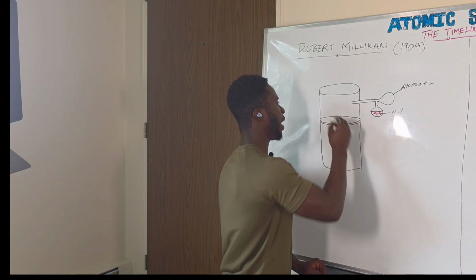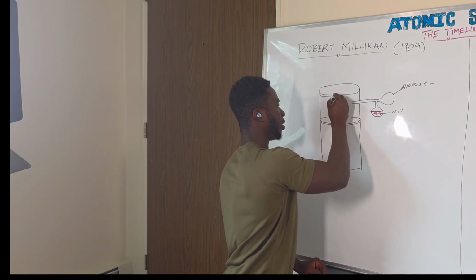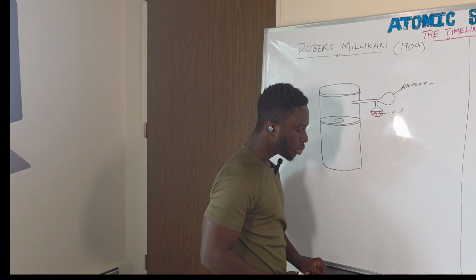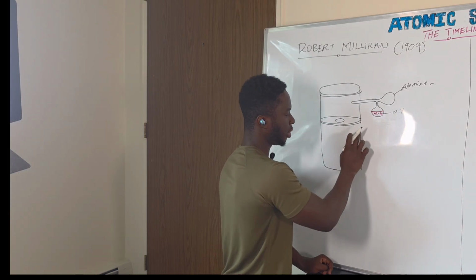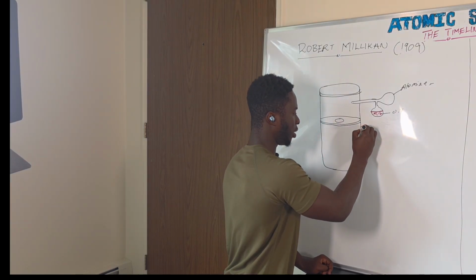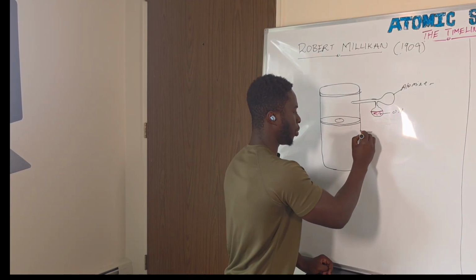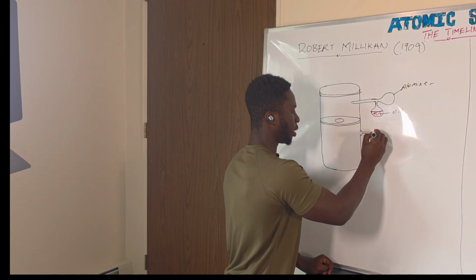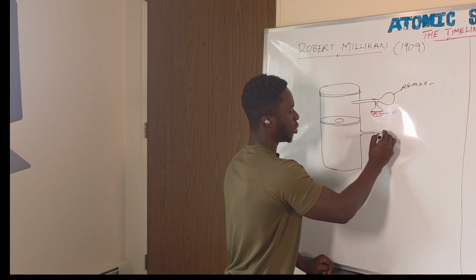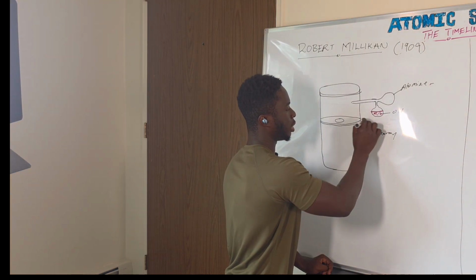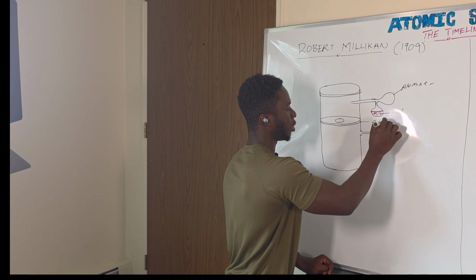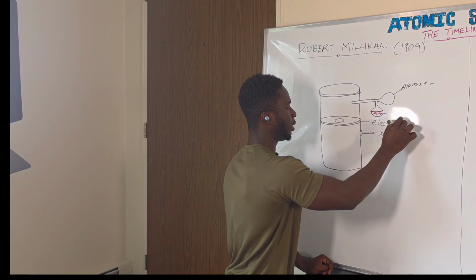And over here, he fixed an X-ray right below the electric condenser. So let's say we have our X-ray projector here. So this is our X-ray, and this is our electric plate.